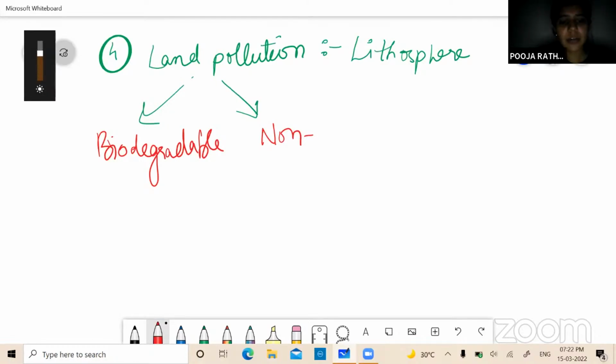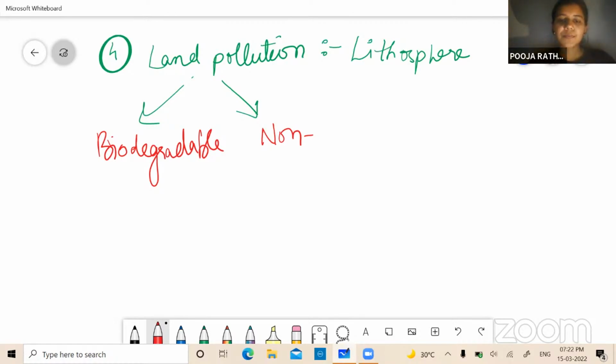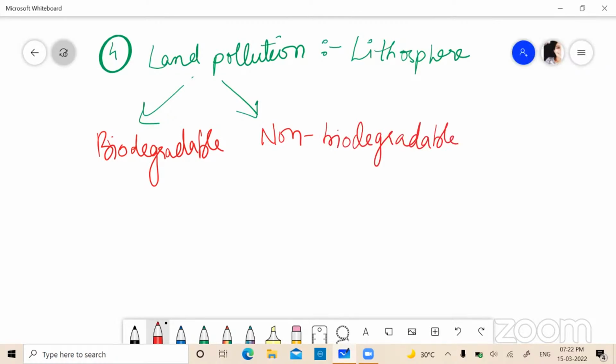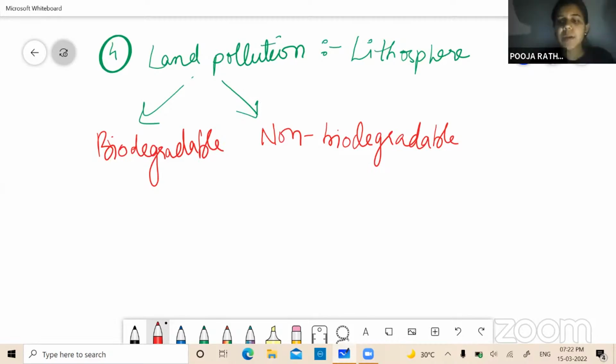So biodegradable waste, what does it do? Can anyone tell me? Soil. Yes, Pragya.